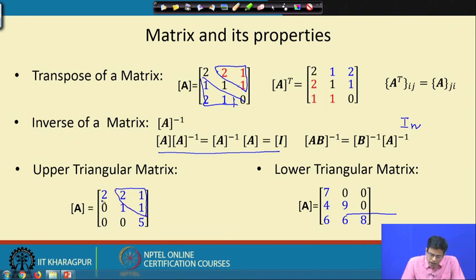But carefully, if you look, the lower part of the matrix is 0. Similarly, we can define the lower triangular matrix where the off diagonal elements of the upper part are 0 and the off diagonal elements in the lower part are non-zero.